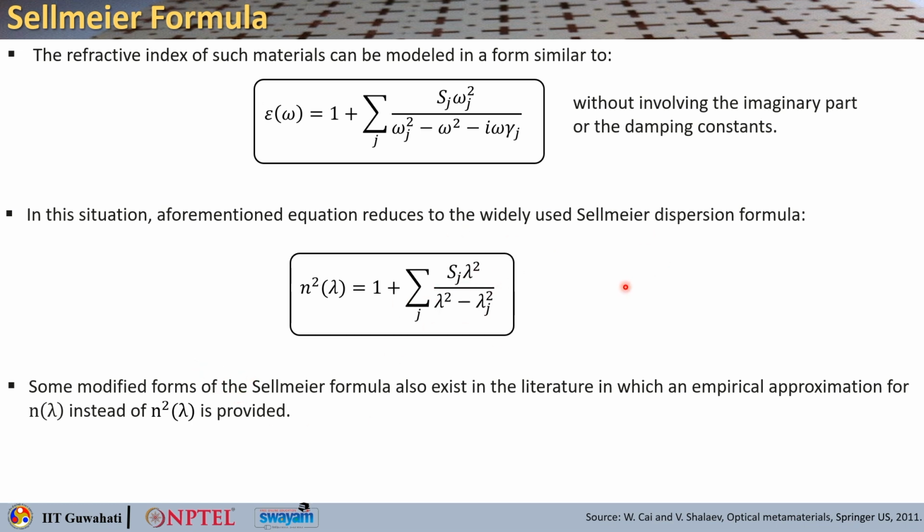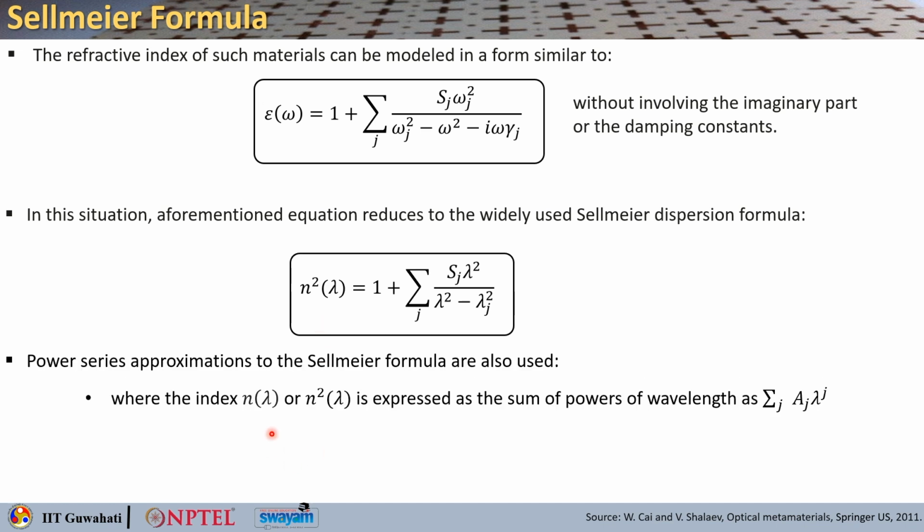From that you can always find this relation, right. Some modified form of this Sellmeier formula also exists, where you will see an empirical approximation of n lambda directly provided, instead of talking in terms of n square lambda.